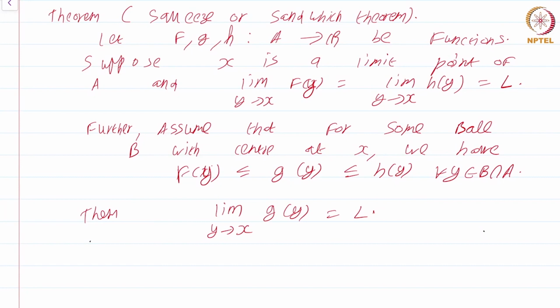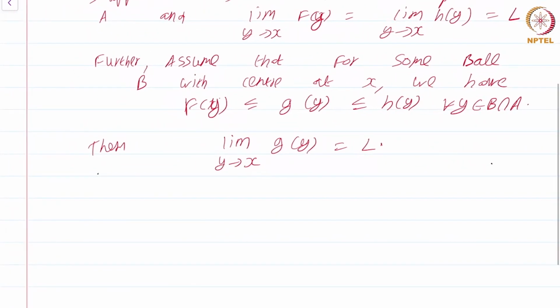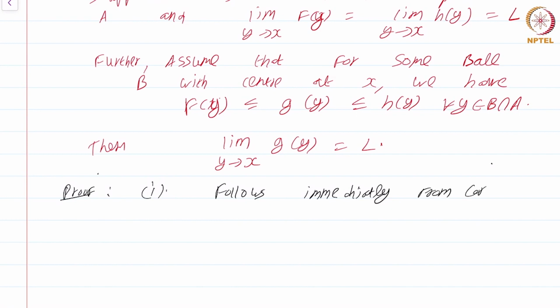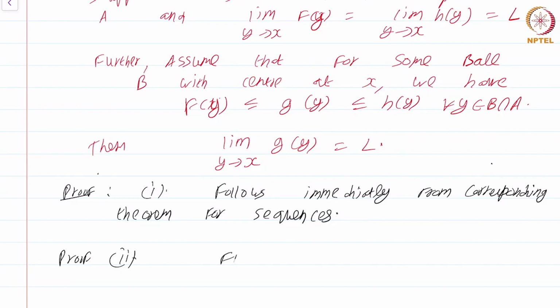Okay, let's prove this. The first proof follows immediately from the corresponding theorem for sequences. That's the first proof. Let's give another proof directly using epsilon delta. Proof 2. Fix epsilon greater than 0.